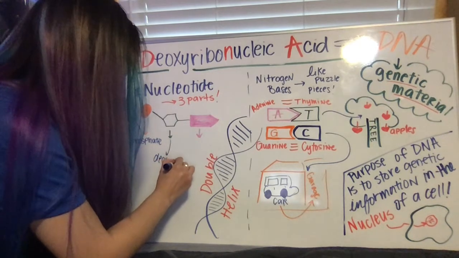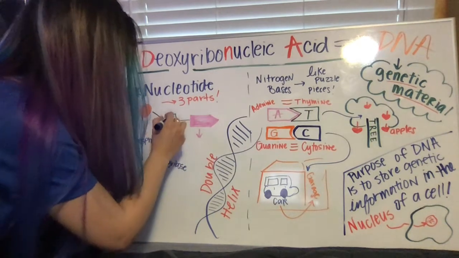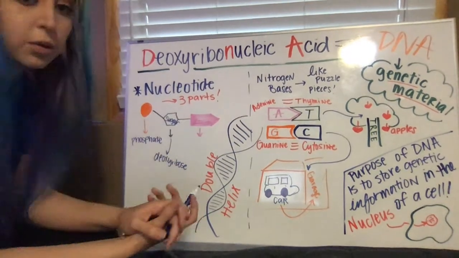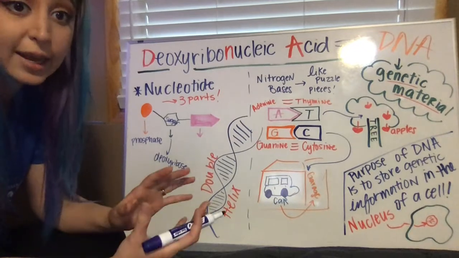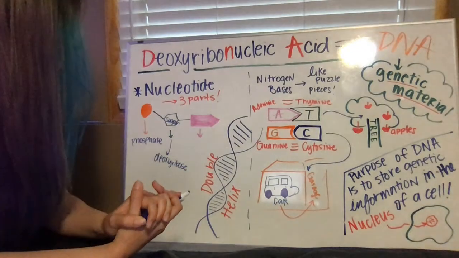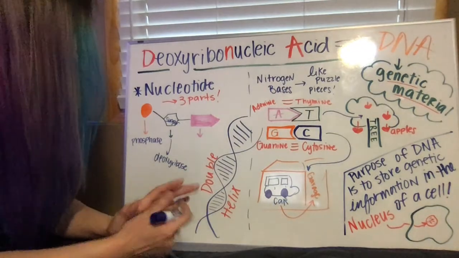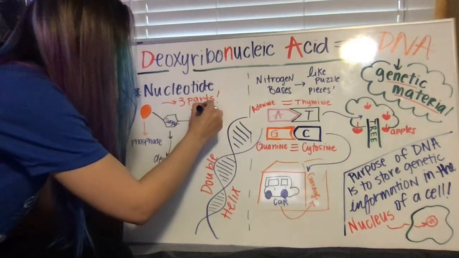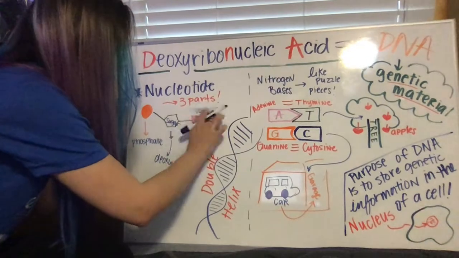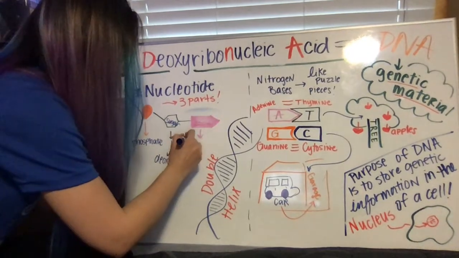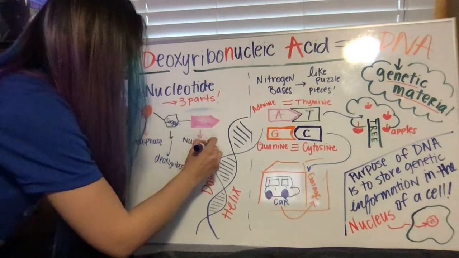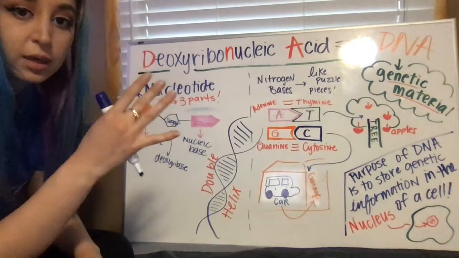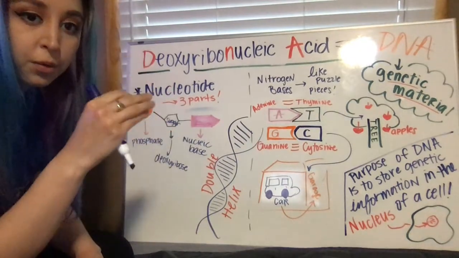But we can think of this as just sugar, like the good old regular sugar that you have in candy and things of the sort. And that is tied to a nucleic base. There are 4 bases that could code for genetic material.